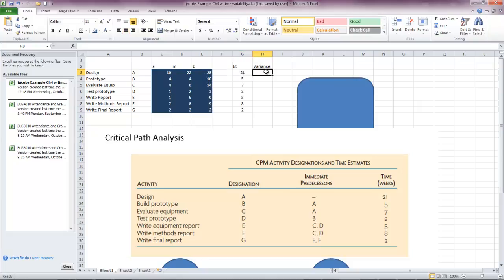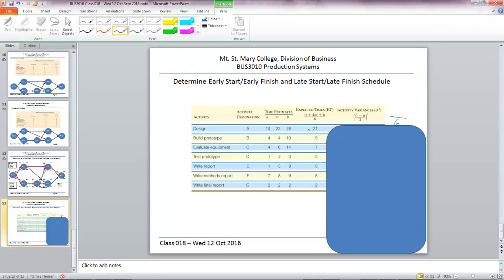But the variance for any one of these processes is the B minus the A, so it's basically your longest time minus your shortest time. Your longest anticipated time would be 28, minus the A would be 10, so there's a difference of 18 weeks there. You divide by 6, that would be 3, and then you square it, and you would get 9.